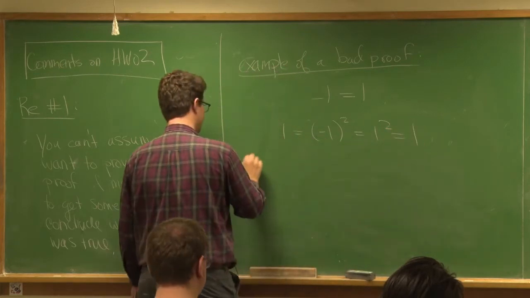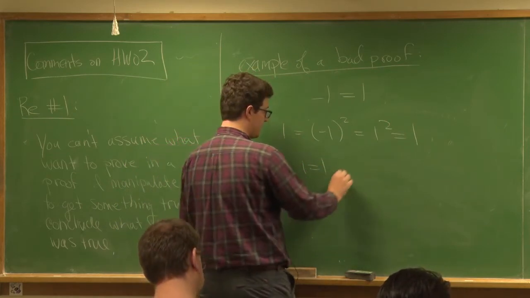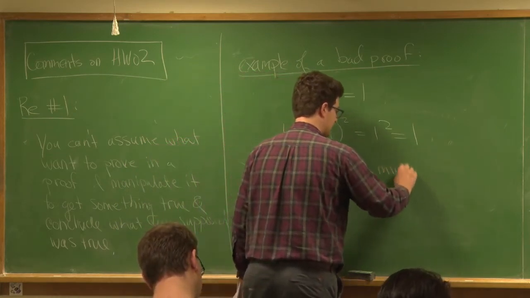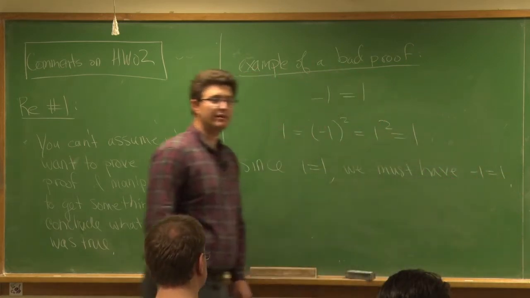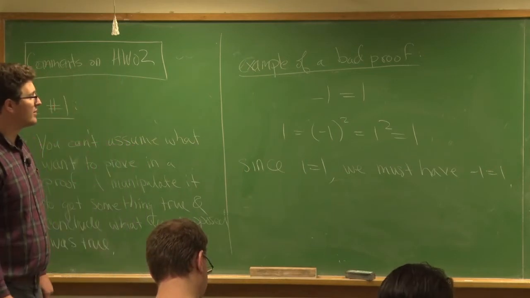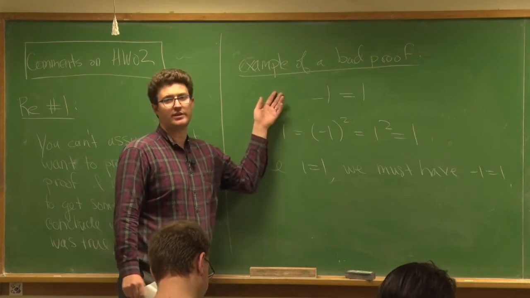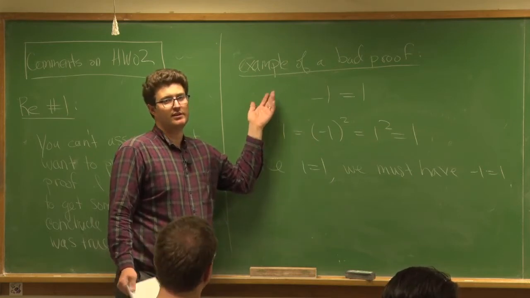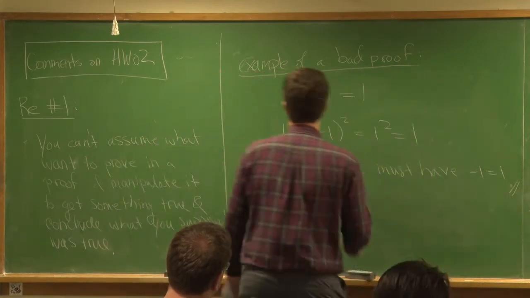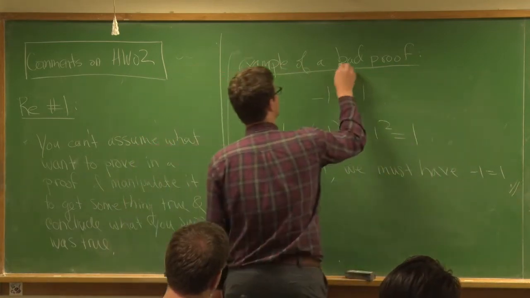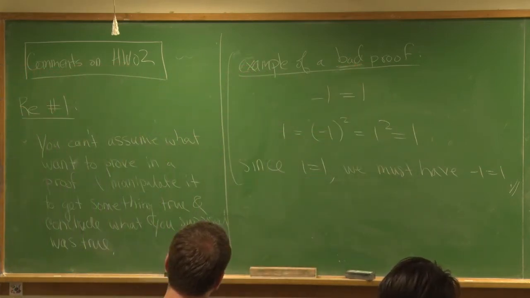Since 1 is equal to 1, what we must have is -1 equal to 1, right? So here's an example where you can take something and manipulate it to get something true, but the original thing that you supposed was false. So don't do that. This is a bad proof. Not bad as in good bad, but as in wrong bad.